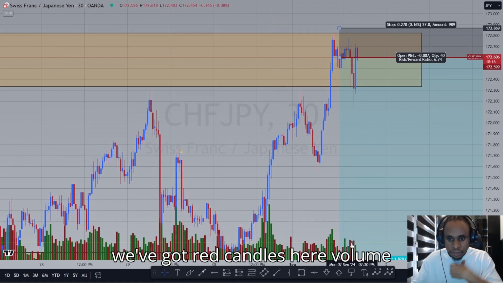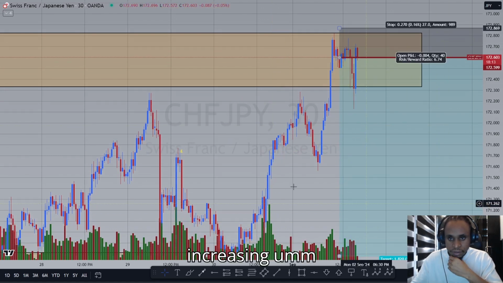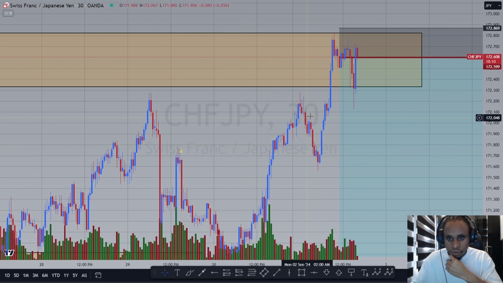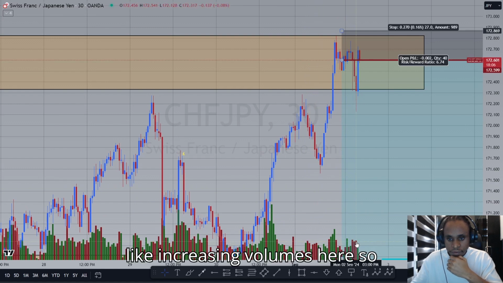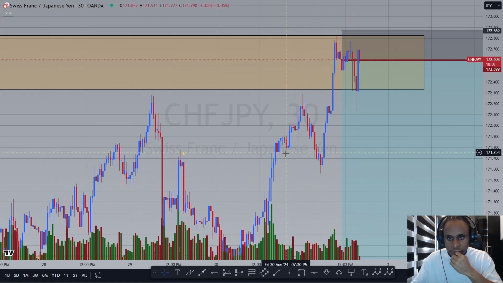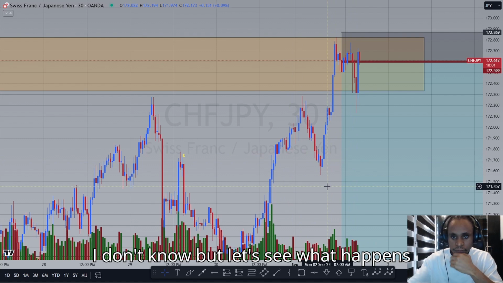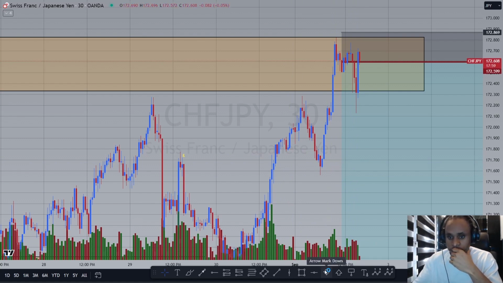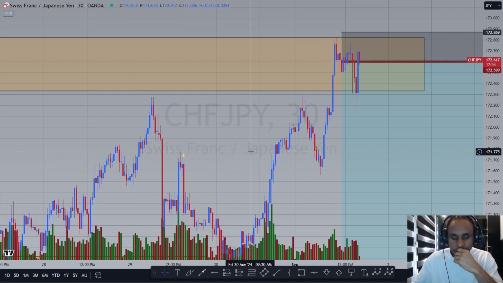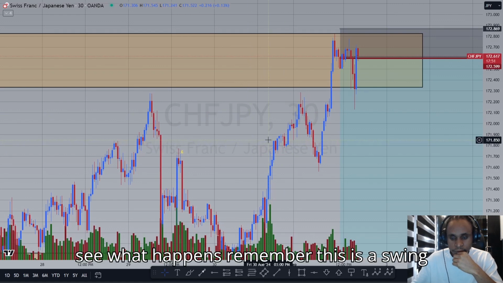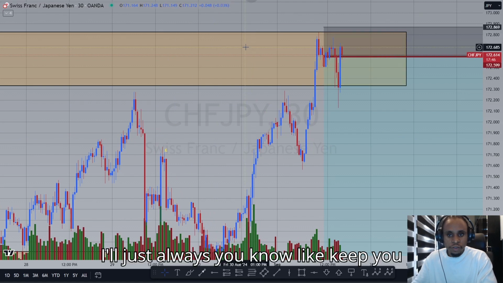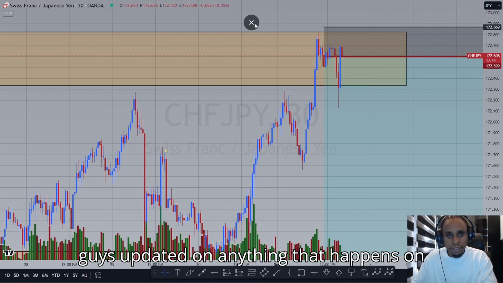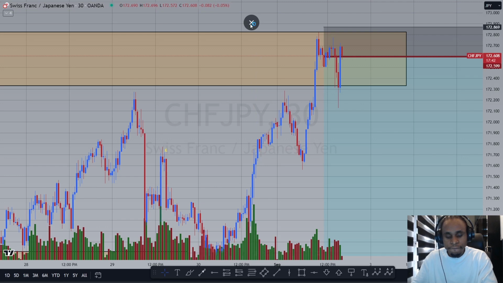We got red candles here, volume increasing. We've got heavy volume, like increasing volumes here. So I don't know, but let's see what happens. Remember, this is a swing trade, and I'll always keep you guys updated on anything that happens on the trade.